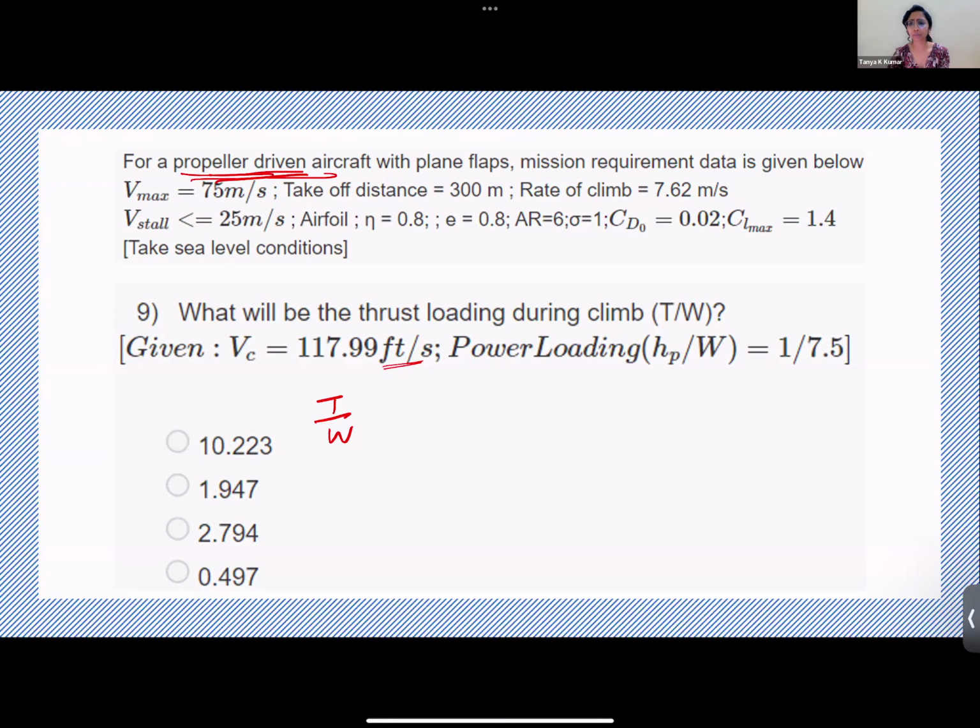What is the formula? You just have to substitute the values. It's a very straightforward question.